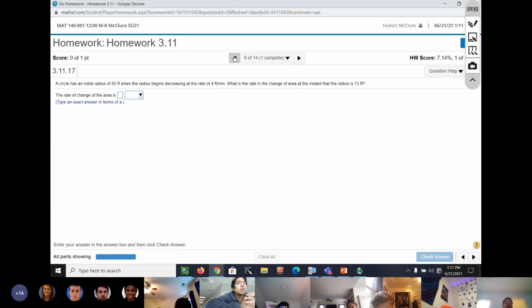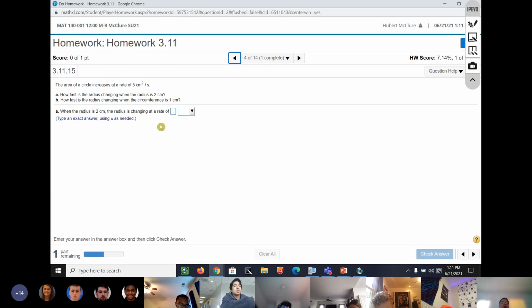All right, try this one. The area of a circle increases at a rate of 5 centimeters squared per second. So that basically means dA/dt is 5 centimeters squared per second, the area.